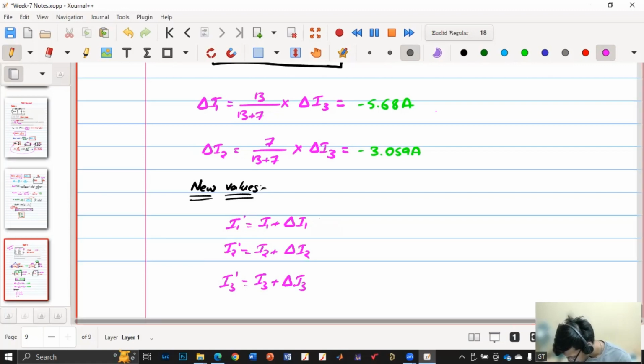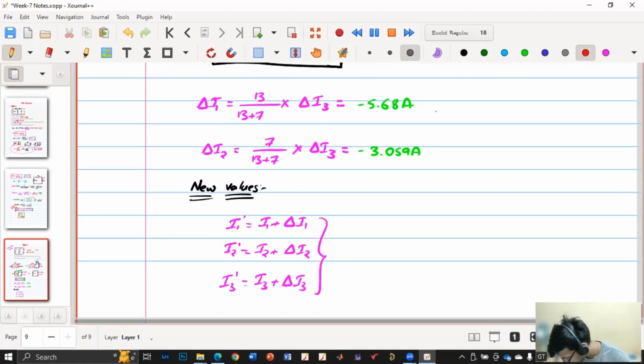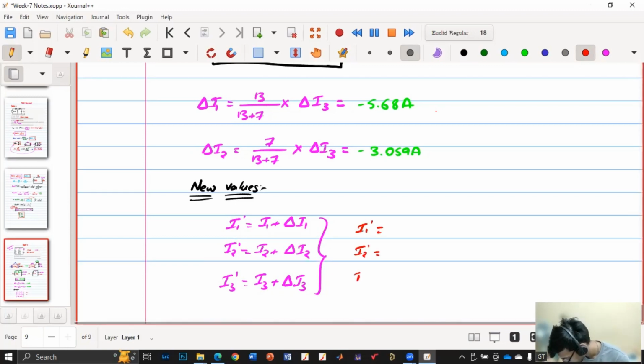So can you tell me what are the new values I1 dash, I2 dash, I3 dash?